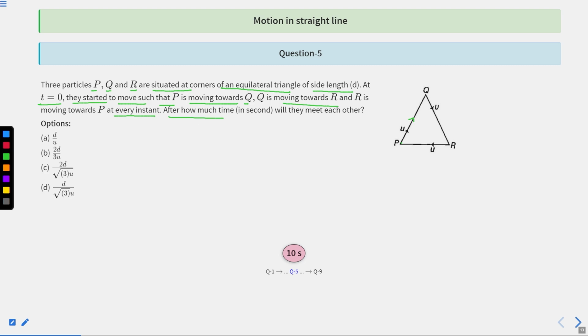After how much time will they meet each other? Clear? So these are the options. Which one is correct? You have 10 seconds to solve this question. After that, we will provide the solution. Clear?